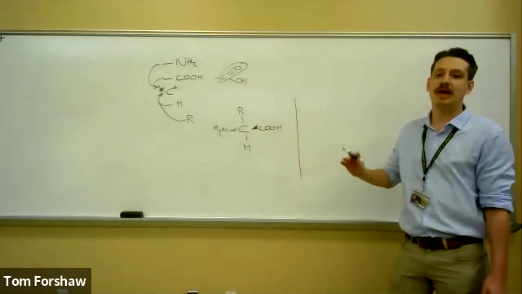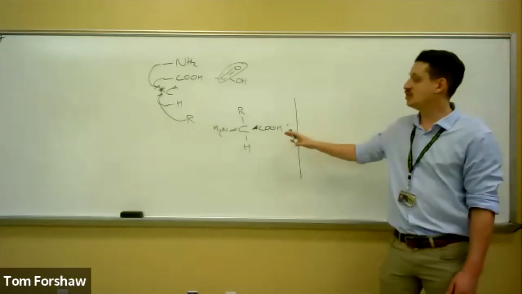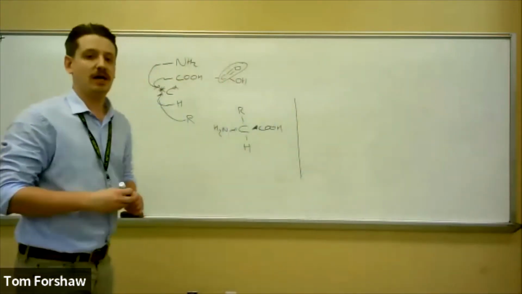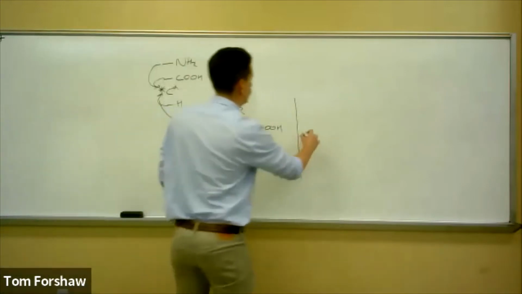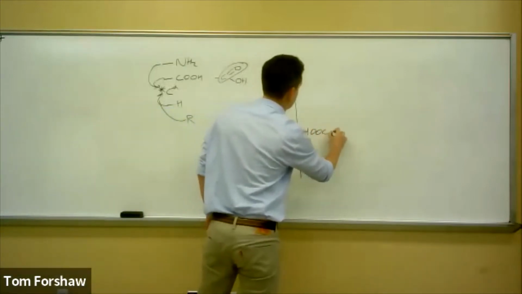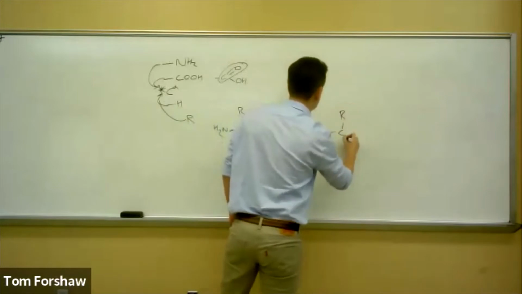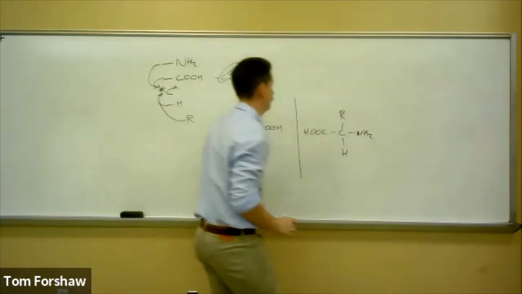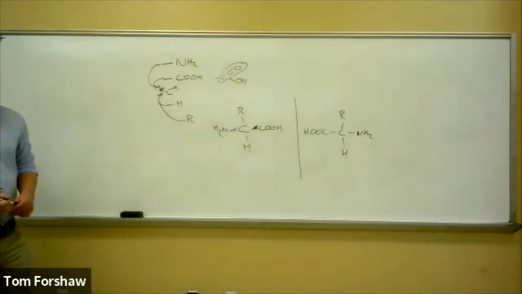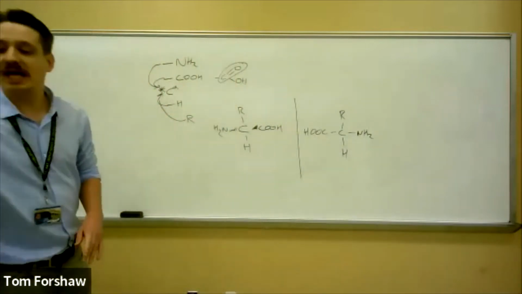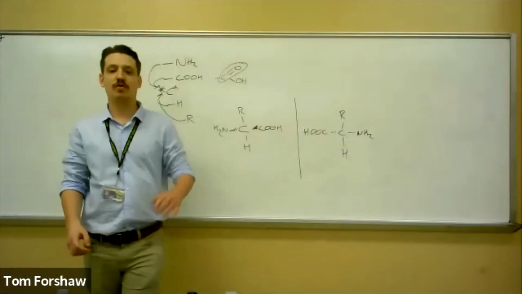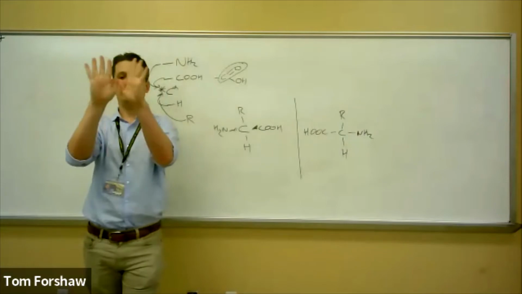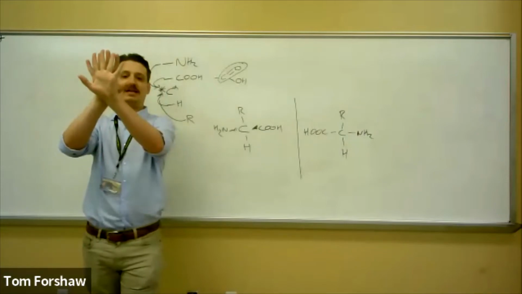We can draw this and make a mirror image of it, which will change its orientation in space. I will just draw that to illustrate the point I'm trying to make. Now, these are the mirror images of each other, and there's that left and right hand thing that we talk about. These are mirror images of each other, but they can't be overlaid.